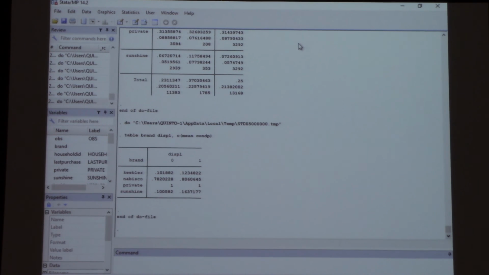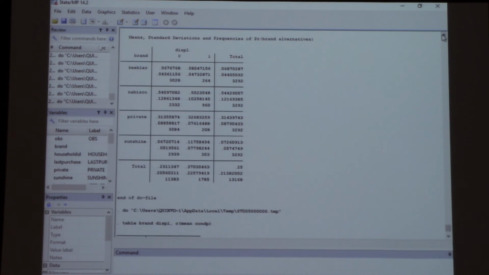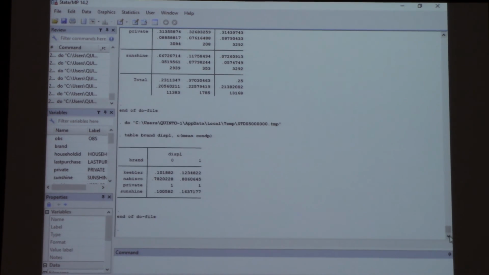Get the same results. So Keebler, are they the same results? No, these are different. Something's wrong there. Wouldn't 0 be the percentage on non-promoted and 1 be promoted? Yeah, but these are coming out differently. So standard deviation is where it is. Mean, standard deviation, yeah. So I want the table ones.